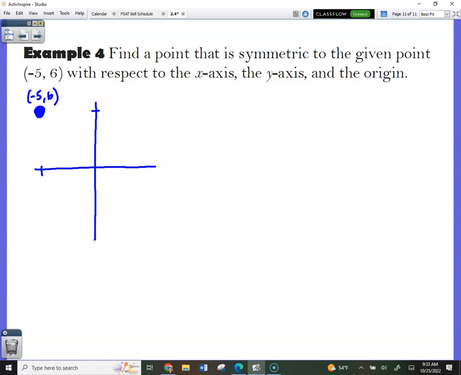It's asking you to state the coordinate point after you reflect over the x-axis, go back to the original, reflect it over the y-axis, go back to the original, rotate it around the origin. Write the coordinate point that it would produce once you did those reflections or rotation around the origin.